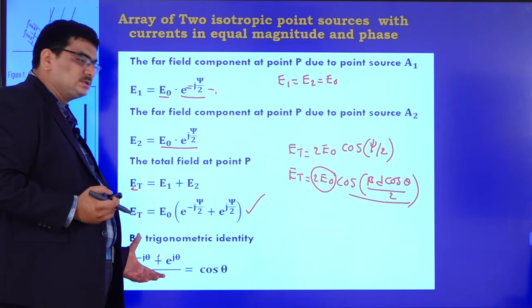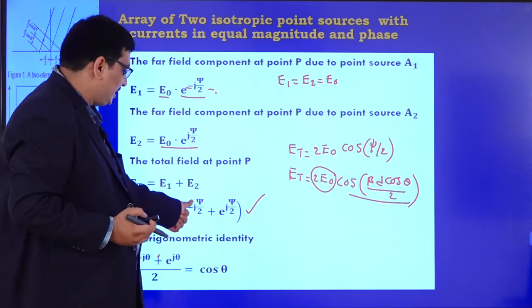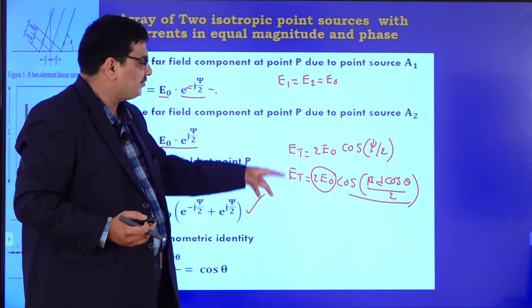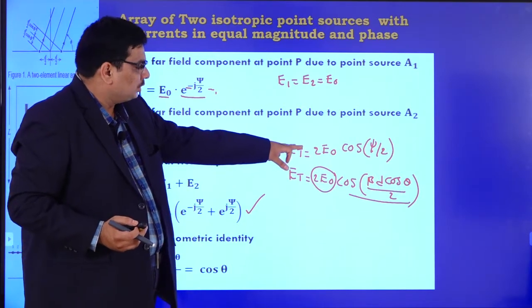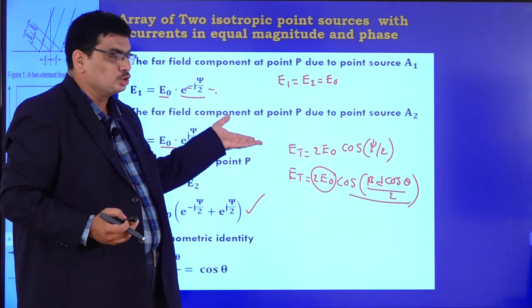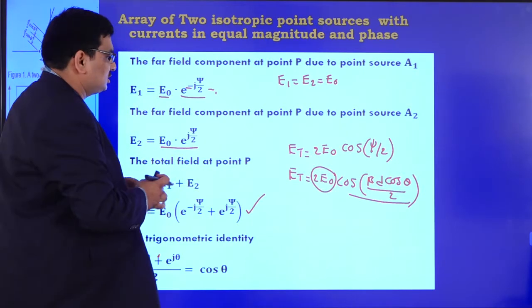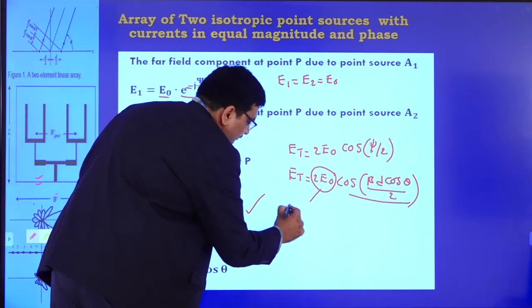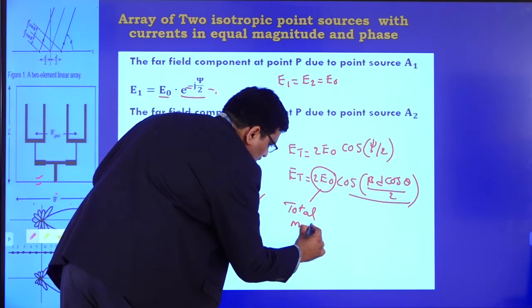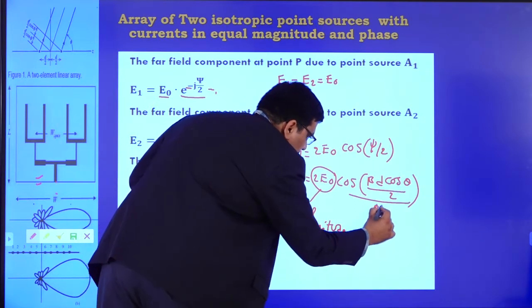We are using this trigonometric identity, so Et is equal to 2 E naught into cos psi by 2. This is the total magnitude, and this is the phase term.